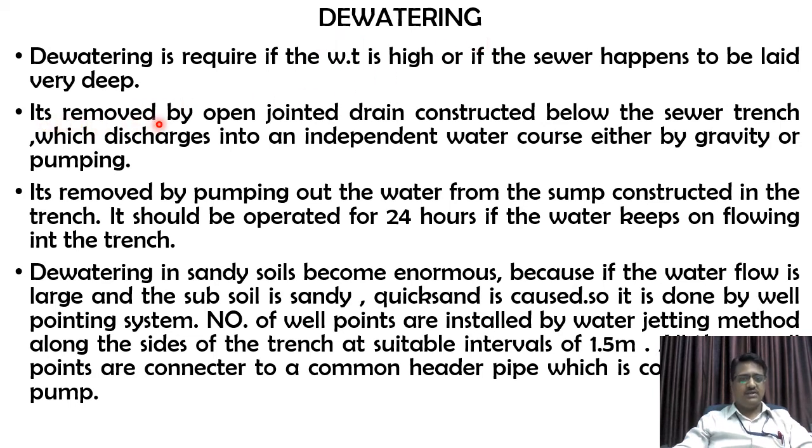It is removed by an open jointed drain constructed below the sewer trench, which discharges into an independent watercourse either by gravity or by pumping. We can use pumps or gravity based on the conditions available, and with that we can do the dewatering process.